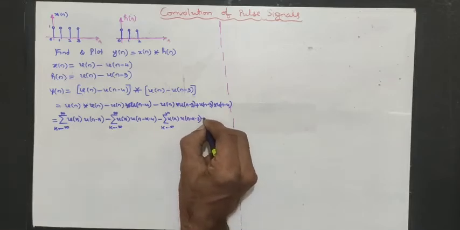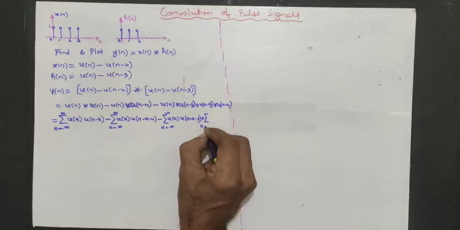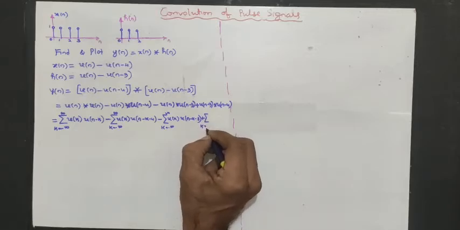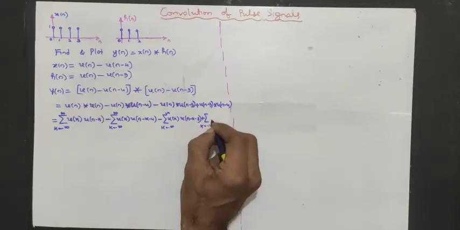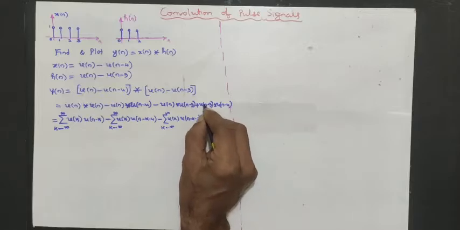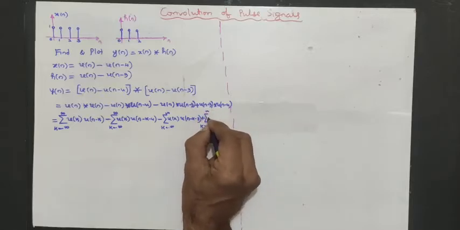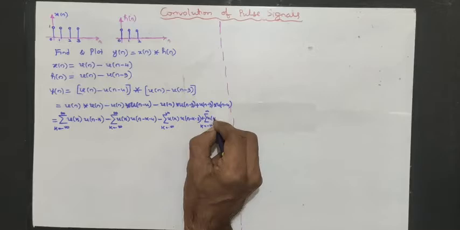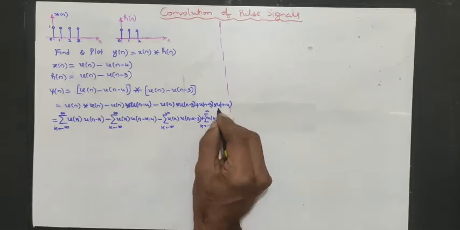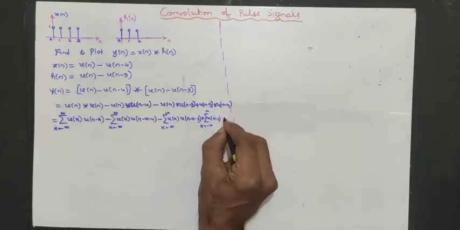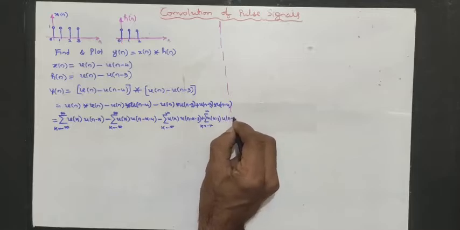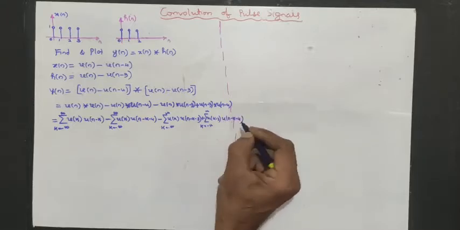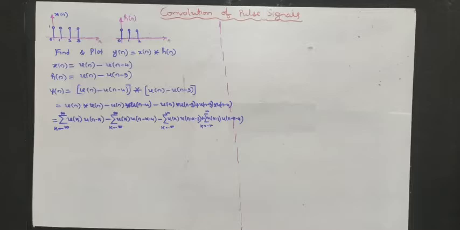Plus the last one, the summation from k equal to minus infinity to infinity, first is u(n-3), instead of n, k, so u(k-3), multiplied by u(n-k-4).